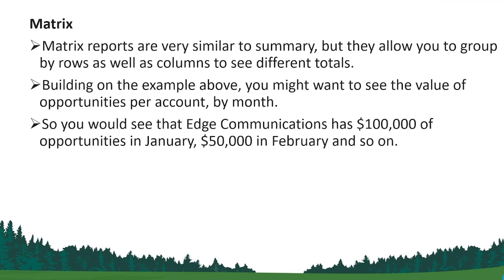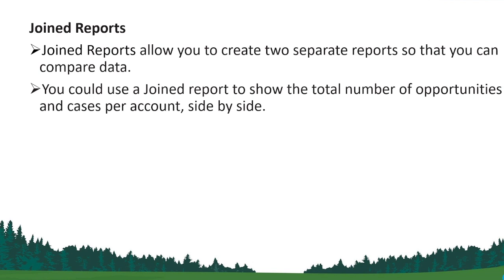You can check the total sum, the maximum and minimum values, and the average values. All these data can be easily extracted from the matrix report. So the matrix report is used when you have to perform certain calculations of the data that is desired by the user. Next is our joint reports.